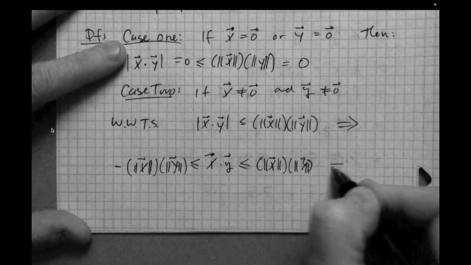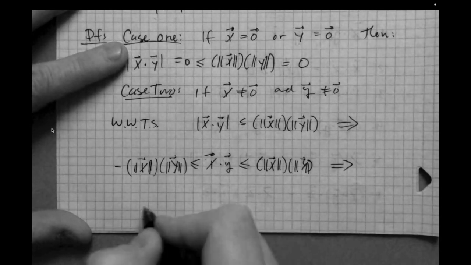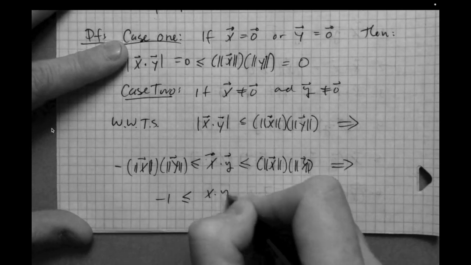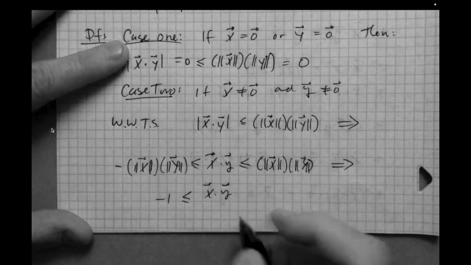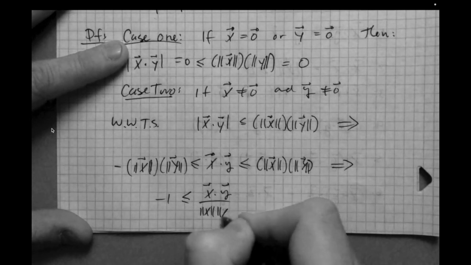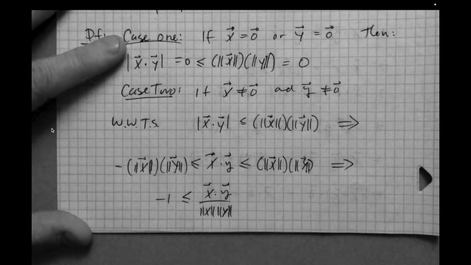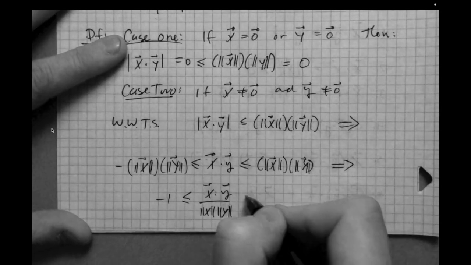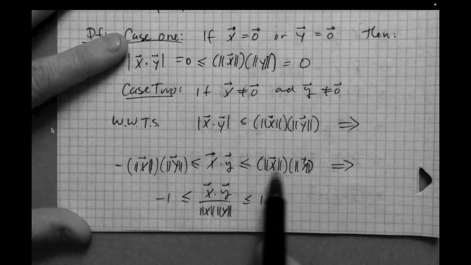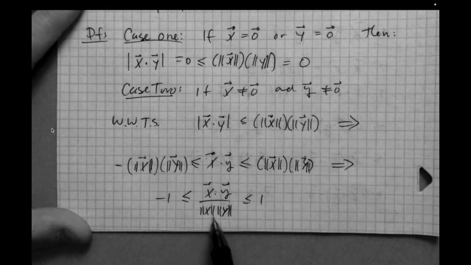And so this is going to be true, right? This implies that negative 1 is less than or equal to x dot y over the product of the norms. I'm going to ditch the parentheses going forward. Right, I can divide both sides by the product of the norms here.